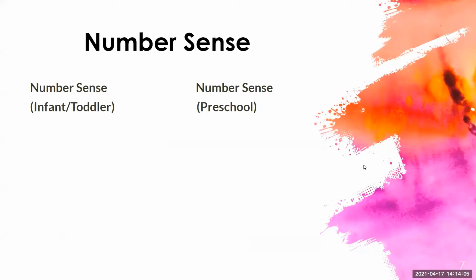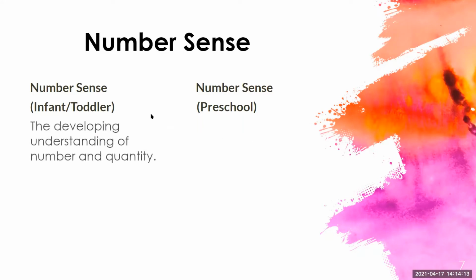So under number sense, California Learning Foundations also has an infant toddler version. So as infants and toddlers, they're developing an understanding of numbers and quantity. There's one person that walks into the room.